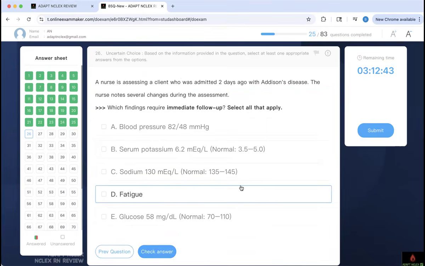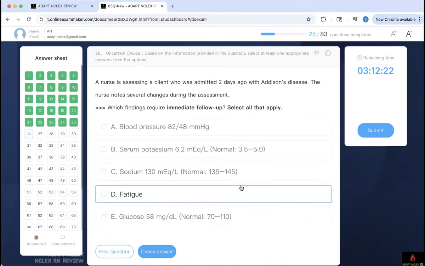You're finishing cardiology, and the nurse is assessing a client who was admitted 2 days ago with what? Addison disease. You see, we moved to the endocrine concept. Endocrine is part of risk reduction. Therefore, let's see how much you know endocrine. I want you to score high on this portion, because these are endocrine questions.